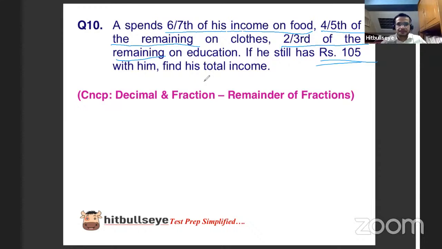Any answers? I'll give quickly last 10 seconds, otherwise we'll solve it.